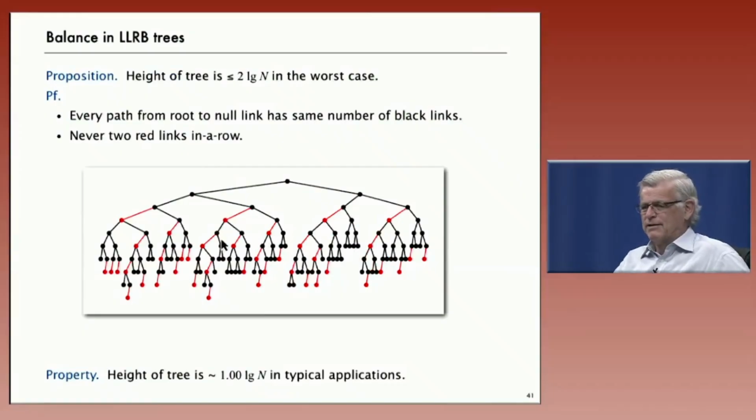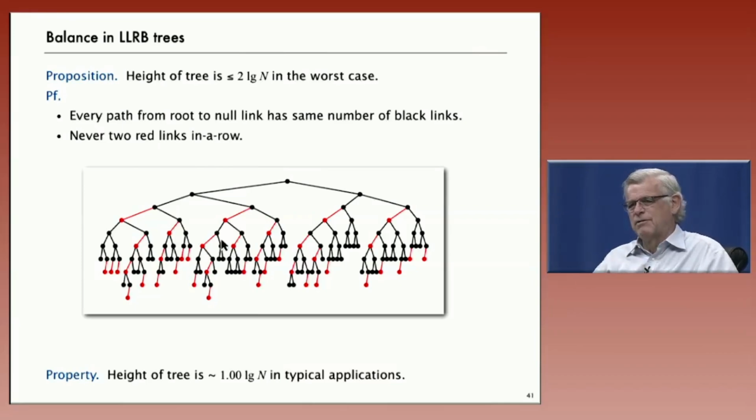And actually, in typical applications with any kind of randomness, or even if there's a lot of order, it's difficult to find orders of keys that build trees whose height is bigger than 1 log n. In real applications, it's very close to fully balanced all the time.